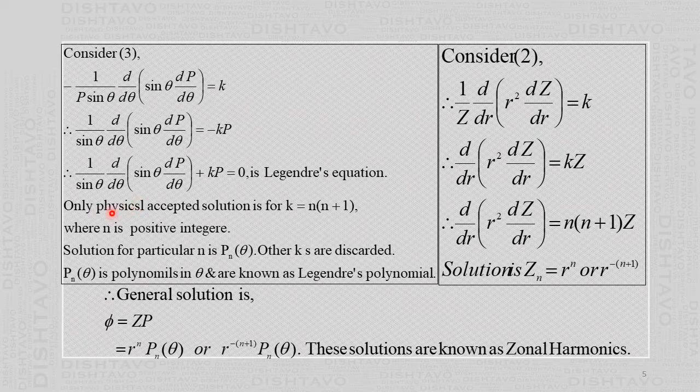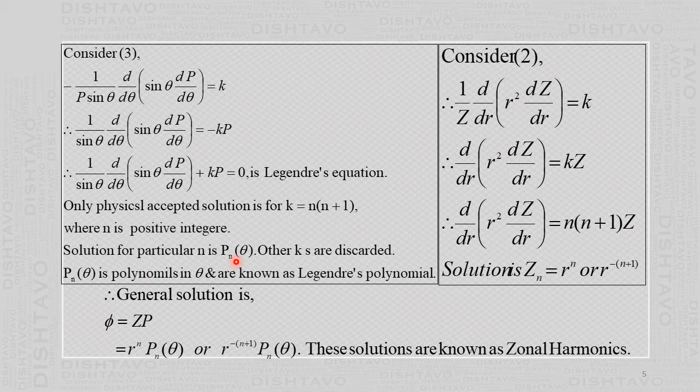So the only solution acceptable here is when k is n into n plus 1, where n is a positive integer. So it is true only for positive integers, and k is n into n plus 1. Then the solution for the particular value of n is Pn theta, and we call this Pn a Legendre's polynomial.